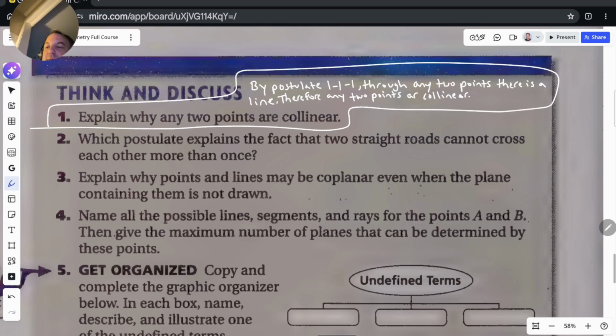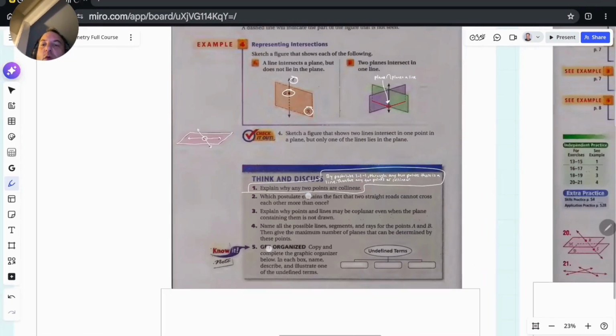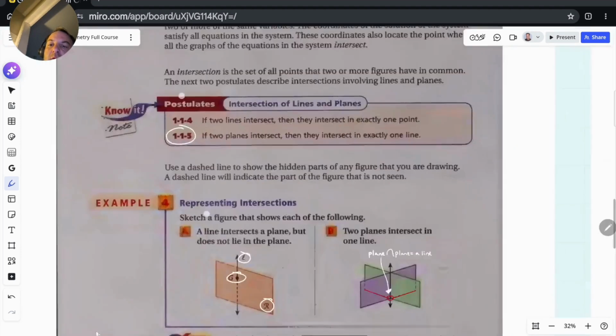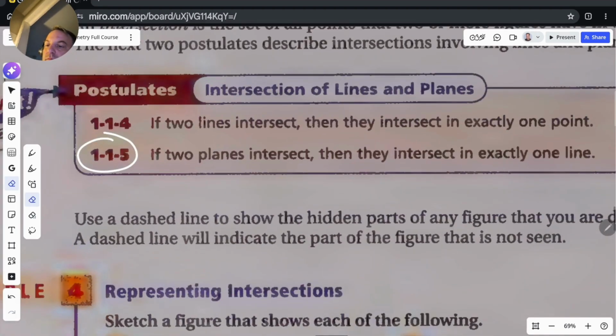We'll walk that out. Number 2, which postulate explains the fact that 2 straight roads cannot cross each other more than once? Let's go to postulate 1-1-4. All right, because it says that if 2 lines intersect, they intersect in exactly 1 point. 2 straight roads are like 2 straight lines.